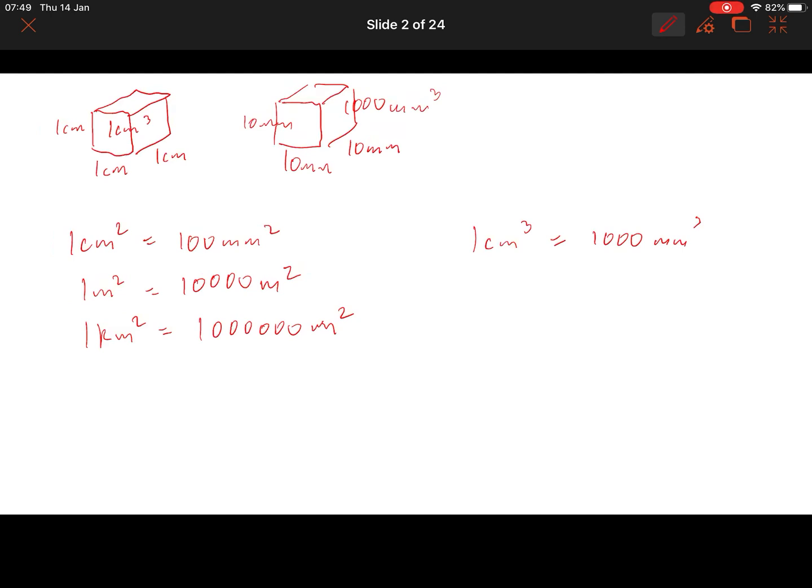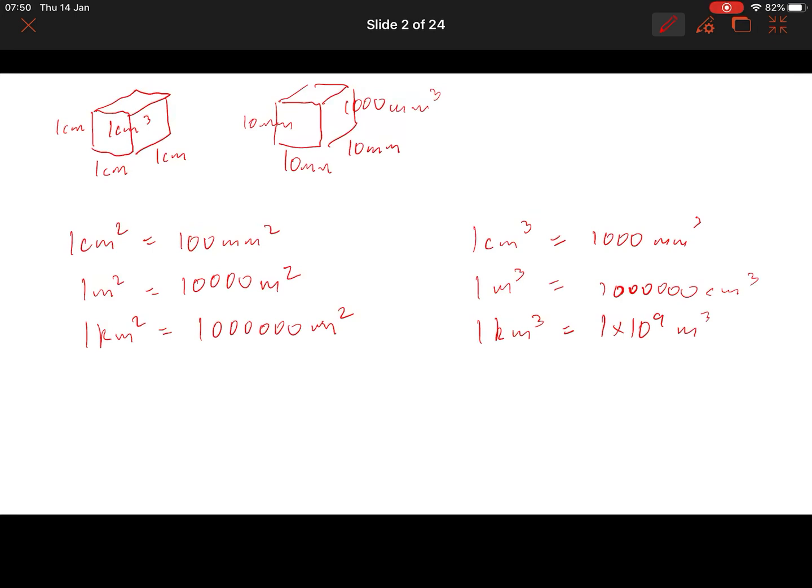And the same logic will apply for the others. So 1 metre cubed is equal to 1 million centimetres cubed, and 1 kilometre cubed is equal to 1 billion metres cubed. So I'd write that in standard form: 1 times 10 to the 9 metres cubed.